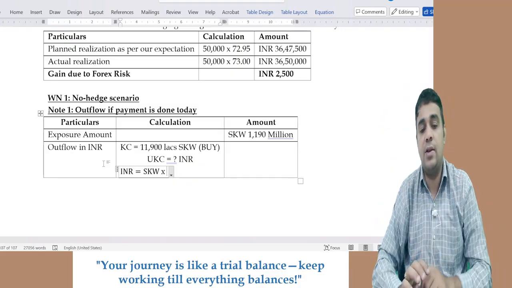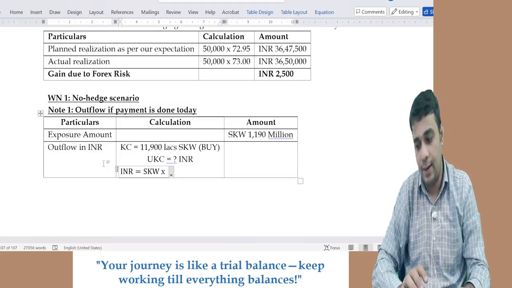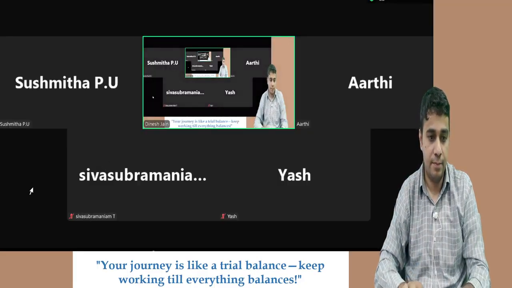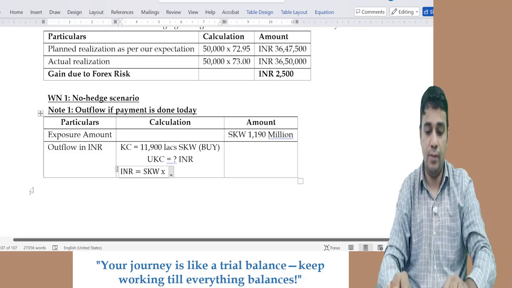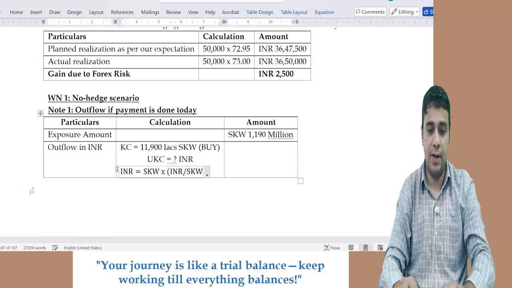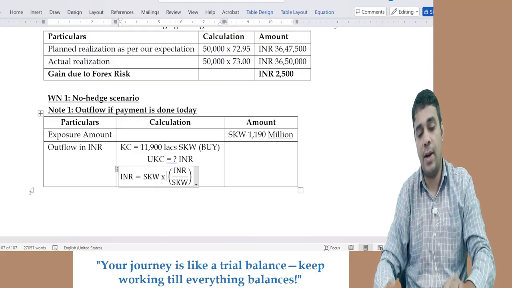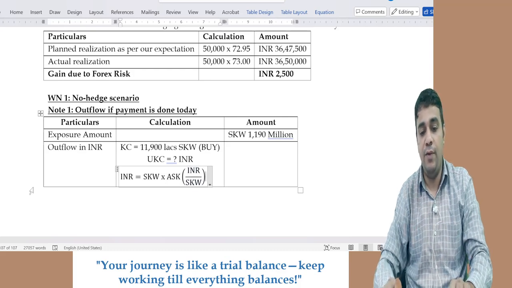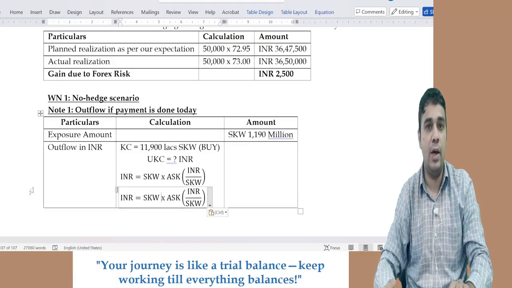Known currency 11,900 lakh SKW by unknown currency, question mark INR, into INR per SKW. What is the denominator currency? SKW. What are we doing with SKW? Buying. What is the bank going to do? The bank will sell it. Ask rate. When we do the calculation, we will first get a 4 decimal ask rate, and then only we'll do the final multiplication.